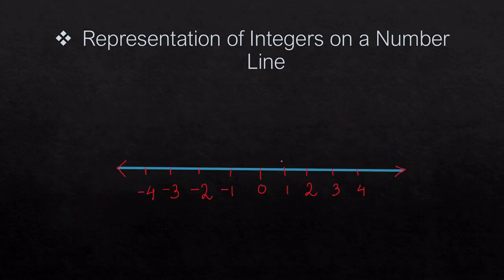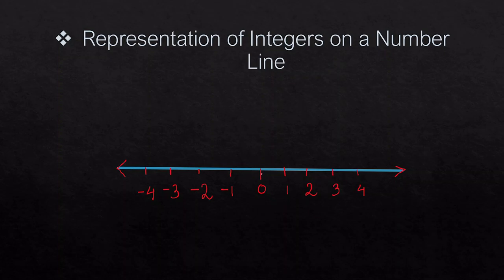Now we want to teach you how to place integers on a number line. What is a number line? A number line is a long straight line with two edges, where we mark them with two arrows. The number line spreads from -infinity to +infinity, and there are numerous numbers inside the number line that we can place.